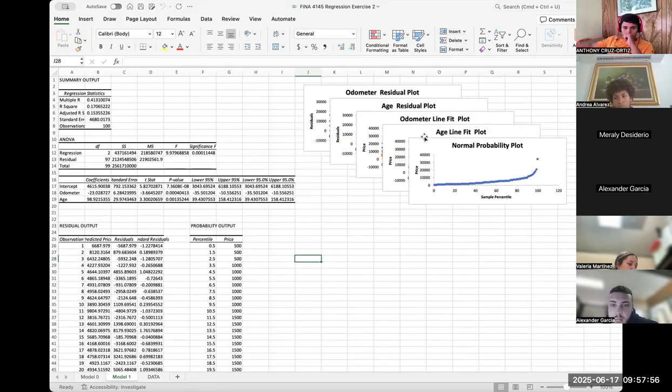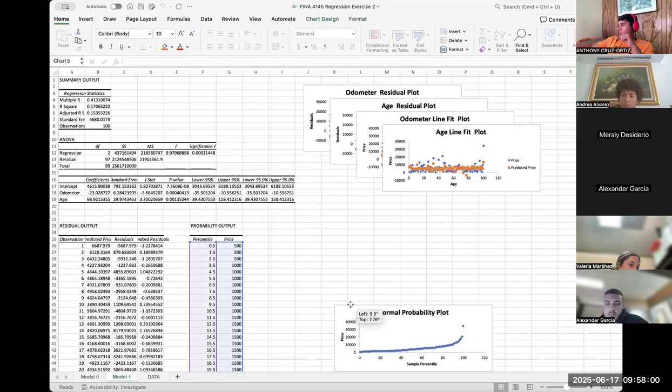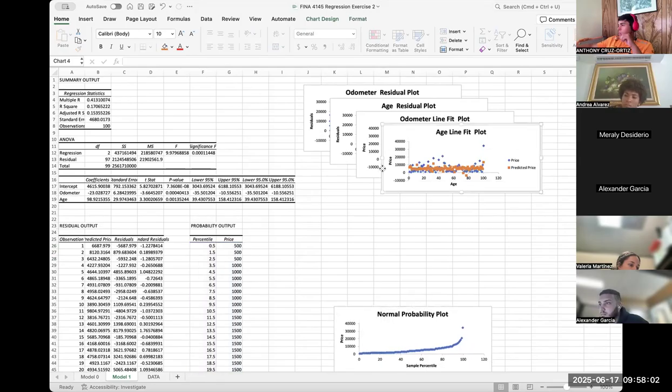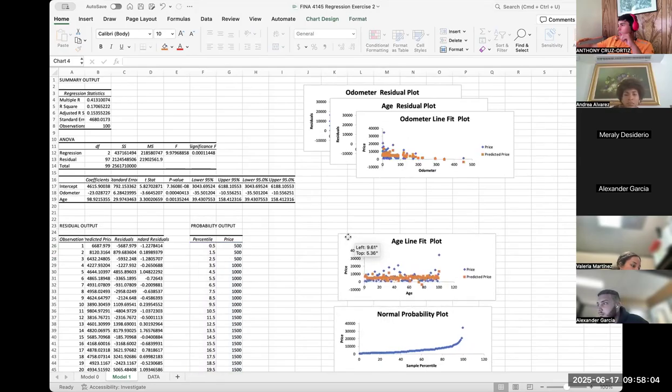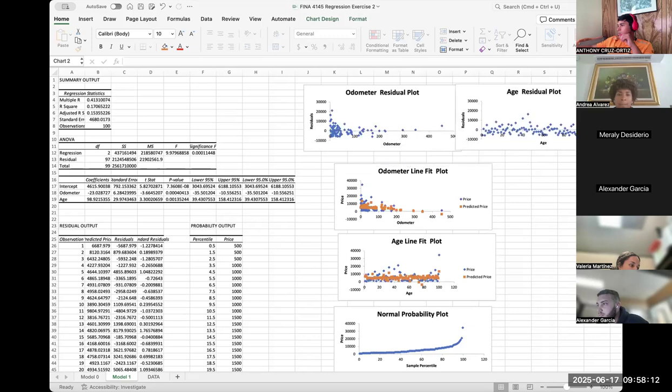Let's look at some drawings here. We need to talk about the probability plot, but I'll do that after. Oh, I got all kinds of things happening.